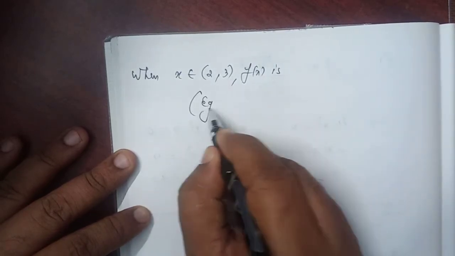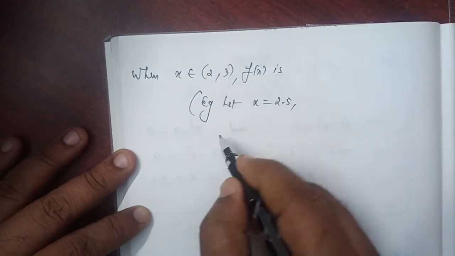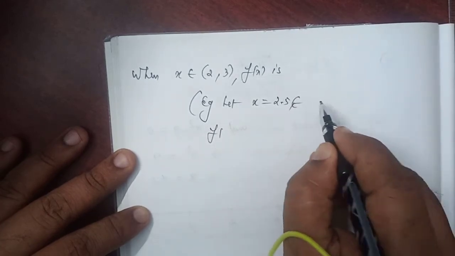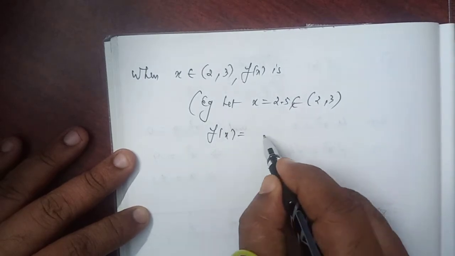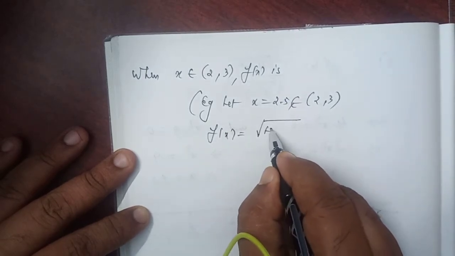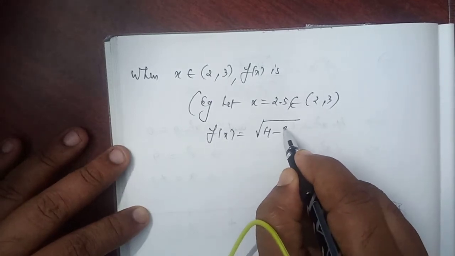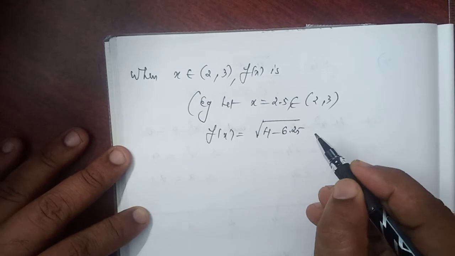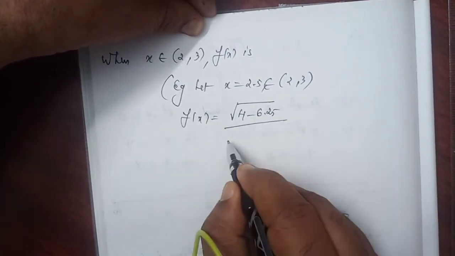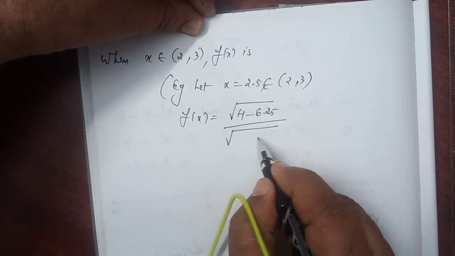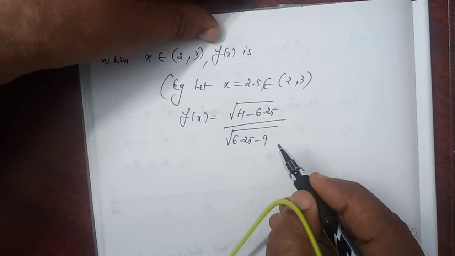Let x equal to 2.5 belong to the interval 2 comma 3. f of x is equal to square root of 4 minus x square, that is 2.5 square. 2.5 into 2.5 is 6.25, divided by square root of x square minus 9, that is 6.25 minus 9.